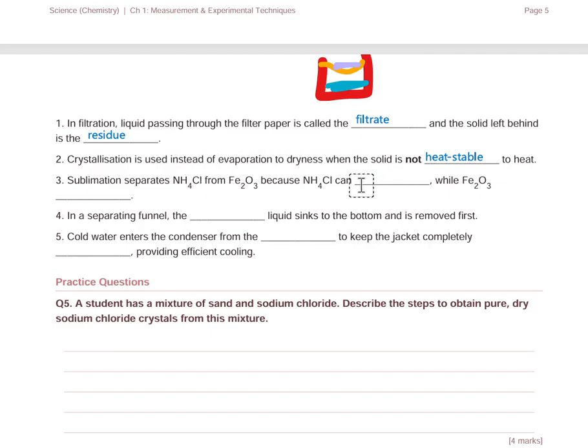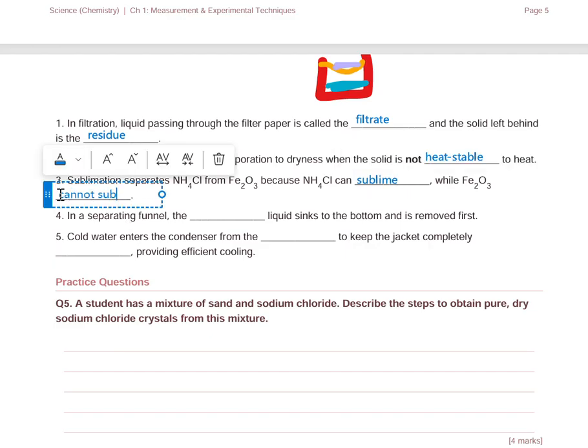Sublimation separates NH4Cl from Fe2O3 because NH4Cl can sublime. Okay, that sounds a bit wrong, but this is your chemical thing. Fe2O3 cannot sublime.